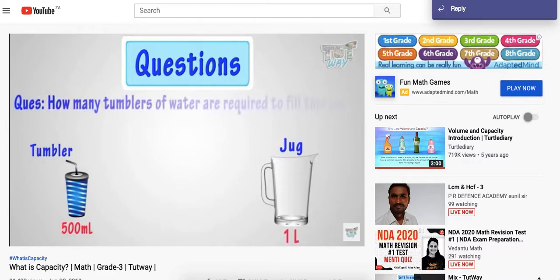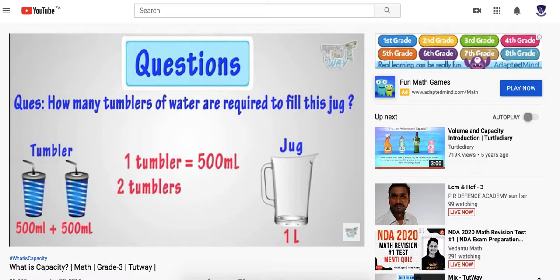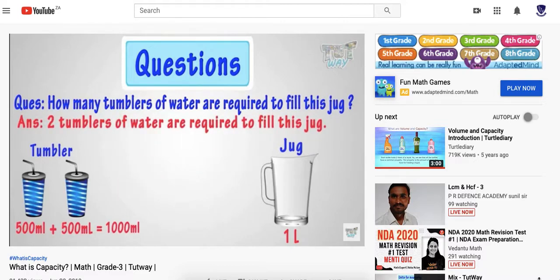Then how many tumblers of water are required to fill this jug? 1 tumbler contains 500 milliliters. 2 tumblers will contain 500 milliliters plus 500 milliliters equals 1,000 milliliters, or 1 liter. So 2 tumblers of water are required to fill the jug.